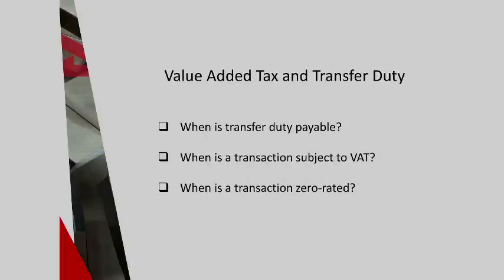VAT versus transfer duty. So when is a transaction VATable? When is it subject to transfer duty? So the rule is that if the seller is a VAT vendor and he is making taxable supplies in the furtherance of his business, that transaction will be subject to VAT. So an example would be a developer who develops 60 units and then on-sells it to third-party purchasers.